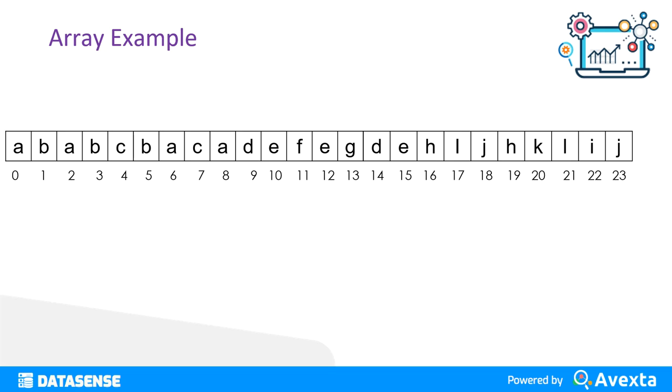So here's the first crack at it. This is the actual input. In this particular case, you have A, B, A, B, C, B, A, C, A. My first segment is going to occur somewhere over here. Then we have D, E, F, E, F, E, G, D, E, H. The second segment is going to occur somewhere on the 15th element, and then the third segment will start at 16, and then we count 1, 2, 3, 4, 5, 6, 7, the eighth element.